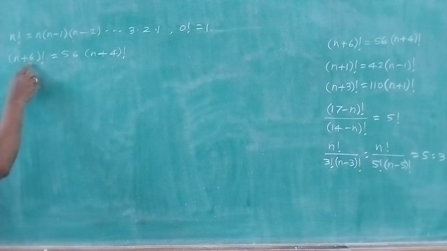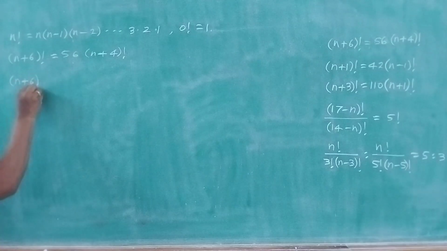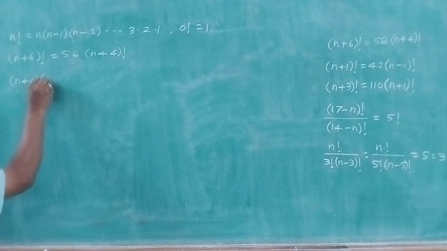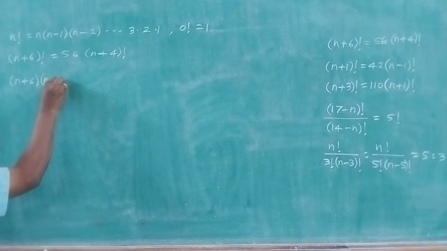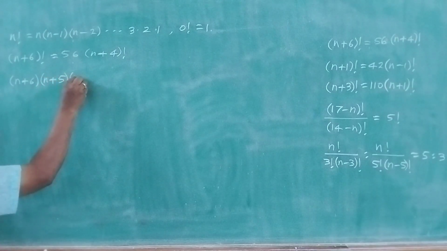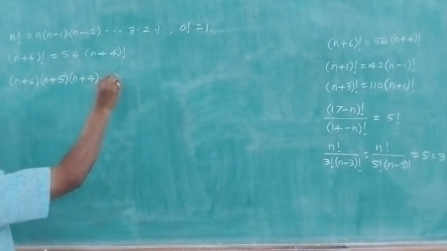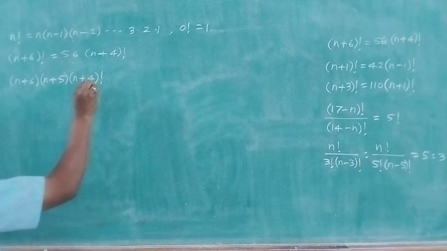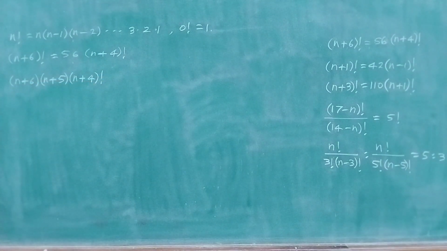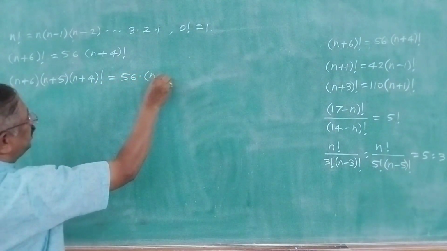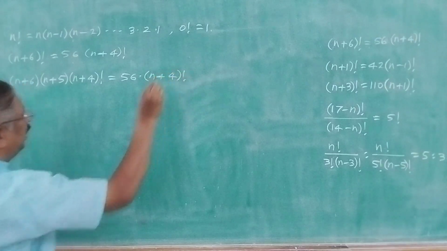It means definitely (n+6)! will be (n+6) multiplied by the one less than n+6, which is n+5, then n+4, n+3, n+2, and the remaining elements will definitely be (n+4)!, which is equated to 56 times (n+4)!.